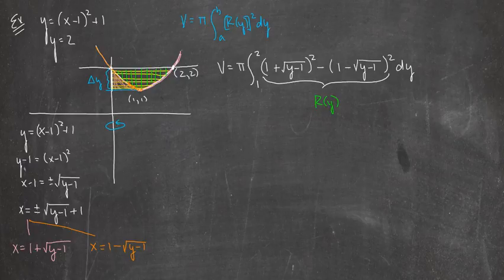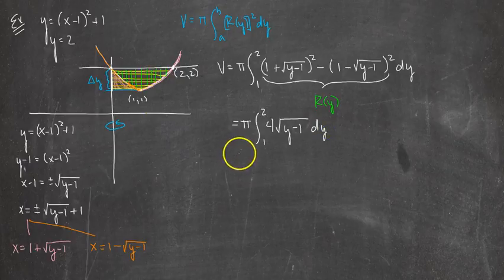Okay, let's calculate. I'm going to take a little bit of a cheating step just for time's sake. I've already done this offline, so this equals pi times the integral from 1 to 2 of 4 square root of y minus 1 dy.